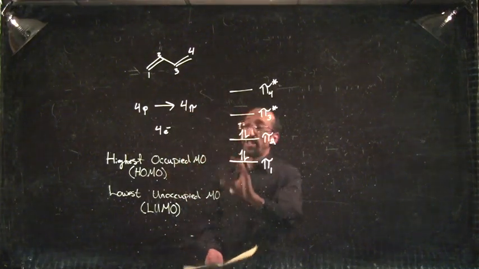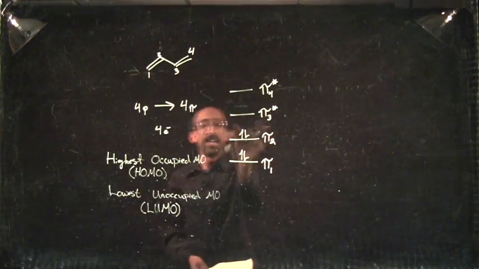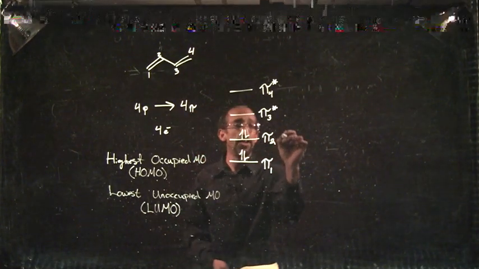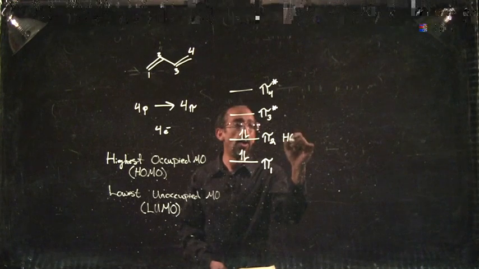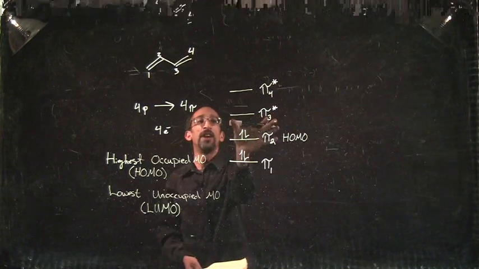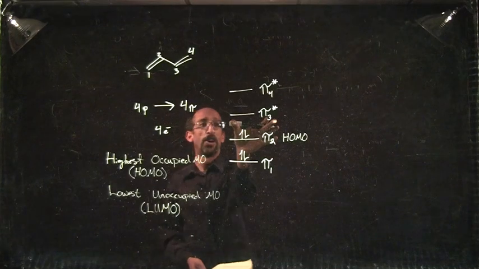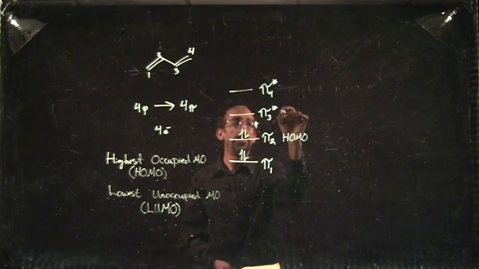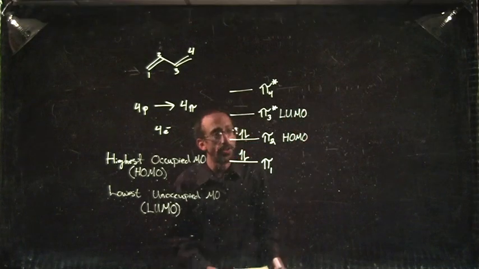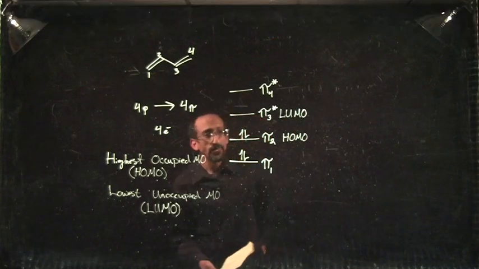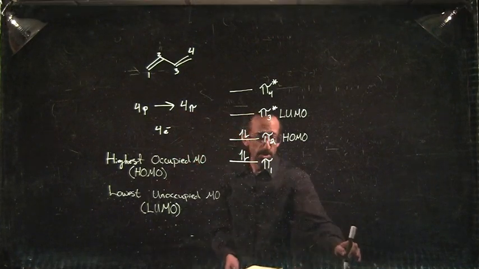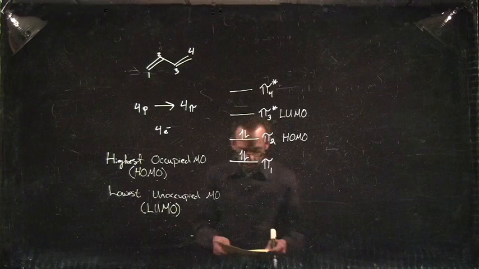It's very easy for us to find the highest energy molecular orbital that is occupied with electrons: it is pi 2. So pi 2 is our HOMO. And our lowest energy unoccupied molecular orbital is pi star 3, which is going to be our LUMO. We can now label those two orbitals with these descriptors that are going to be important to us when we get to Chem 202 and beyond.